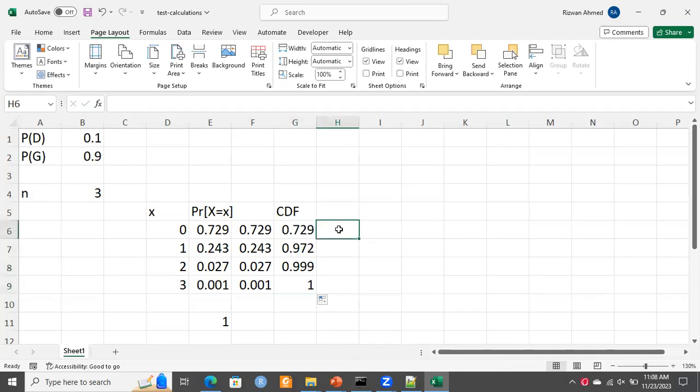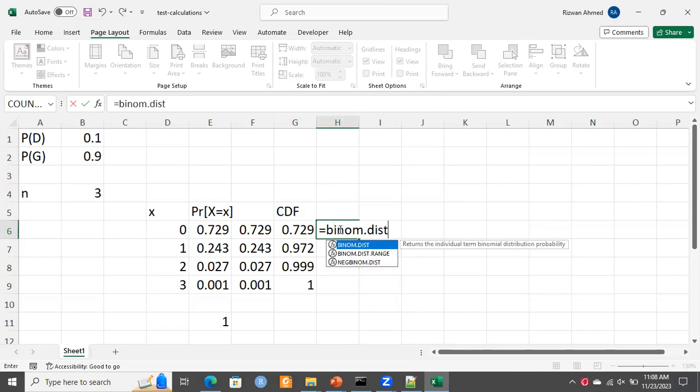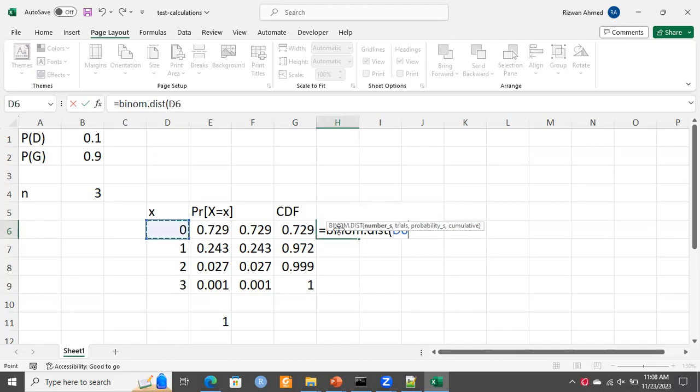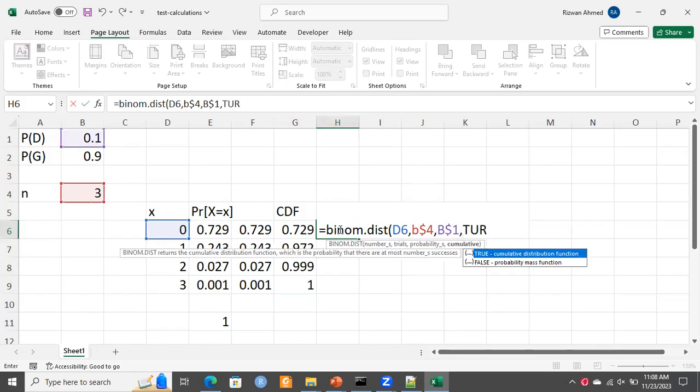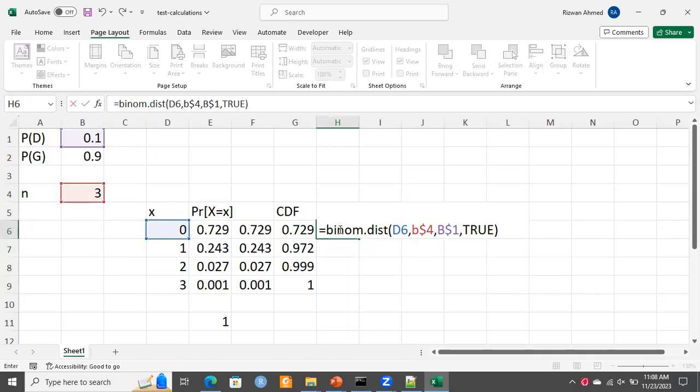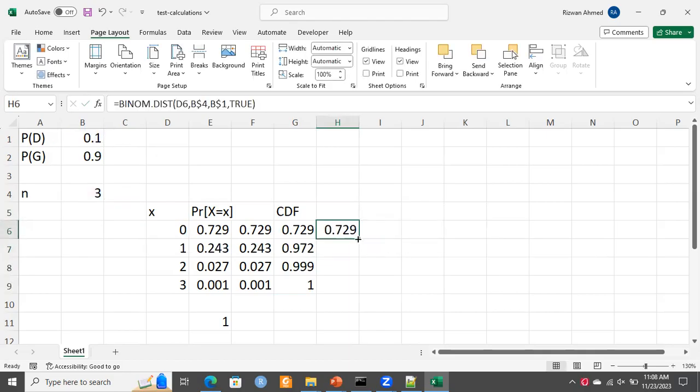The same thing in Microsoft Excel: write the function binom dot distribution, and again number x, the number of trials as $4, the probability from $1, and now write here true with the correct spelling. So the first number is the same and the remaining probabilities will be added. So that's the right expression, right?